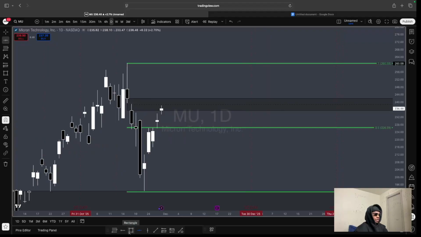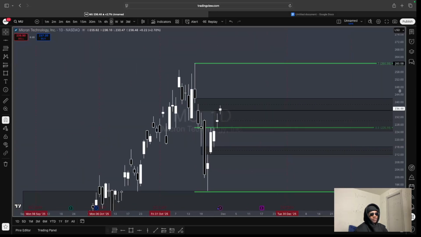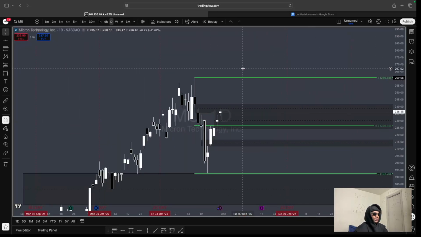Huge volume imbalances. So yeah, I like this market structure shift above here. We got this good inversion fair value gap right here, and then we tap into it. This would have been a good entry on November 25th. I definitely see MU going back up to all-time highs with no hesitation.